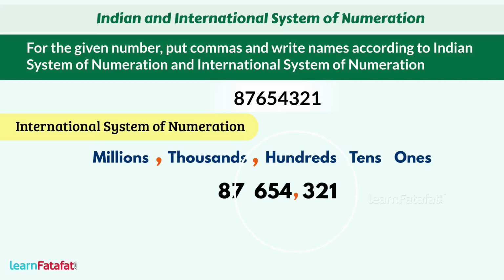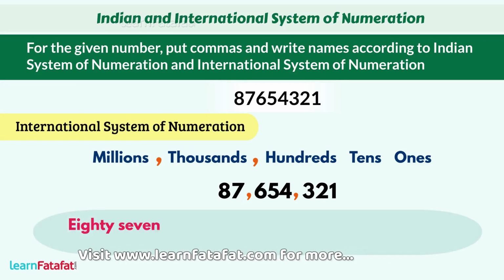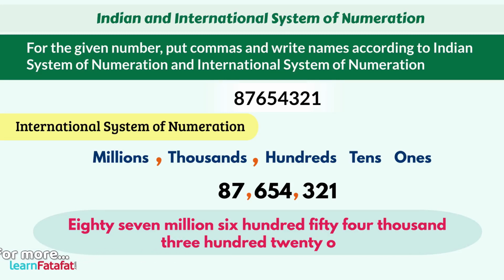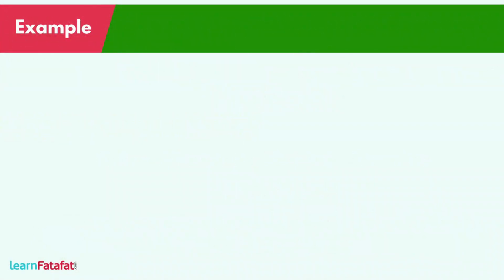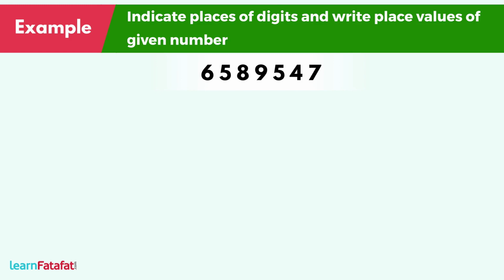So put the first comma after hundreds to mark thousands. Put the second comma 3 digits after the first comma to mark millions. So the number name will be 87,654,321. Next example. Indicate places of digits and write place values of the given number.